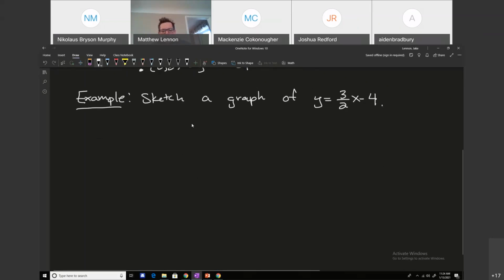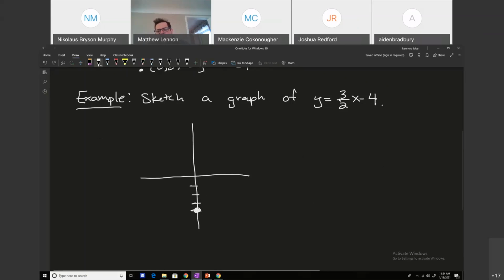Start there, so I'll make some graph. So my y-intercept is at -4. So I found my y-intercept. And then the slope gives you a set of instructions on moving from one point on the graph to another point. So, right, your 3/2 is your change in y over change in x.